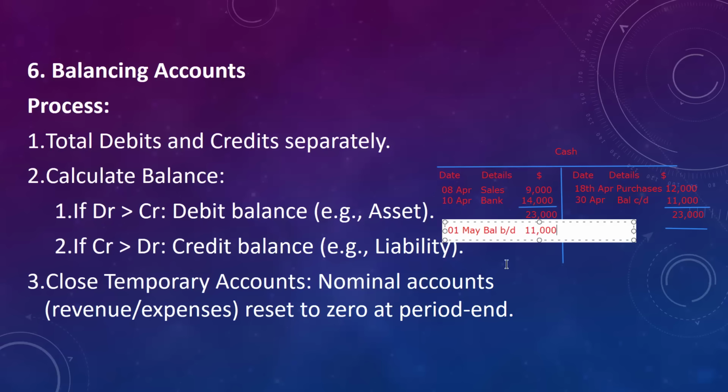This means the balance carried down on the 30th of April is the amount of cash I had at the end of April, and the balance brought down on the 1st of May means that's the amount of cash I'm starting off May with, 11,000. That is how you balance a T account.